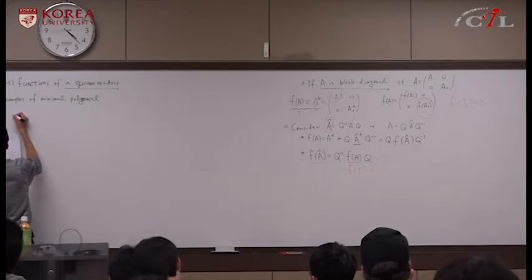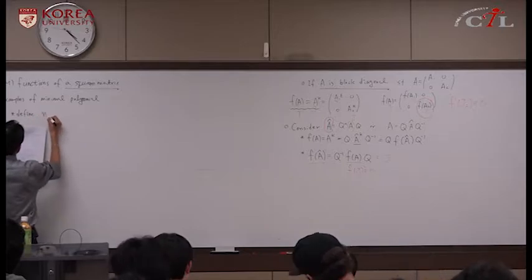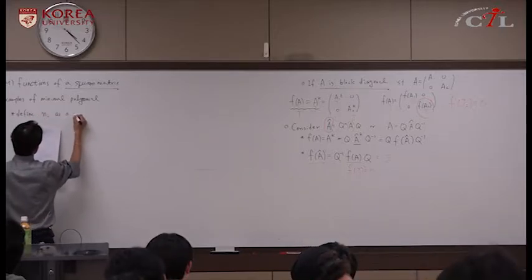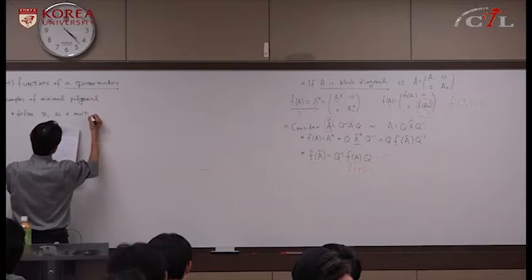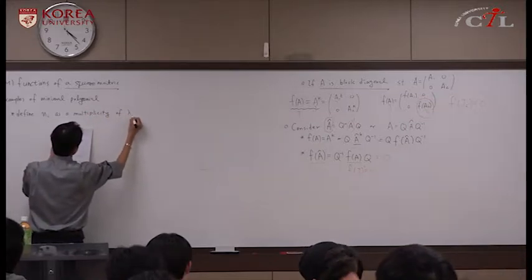First, let's define Ni as the multiplicity of lambda i.